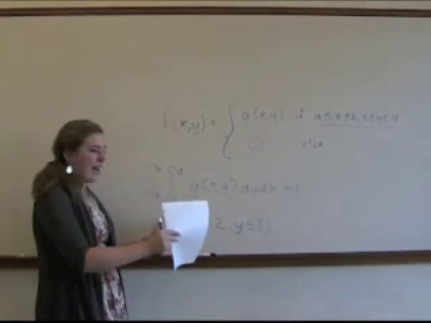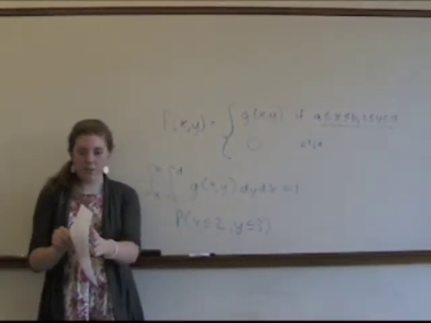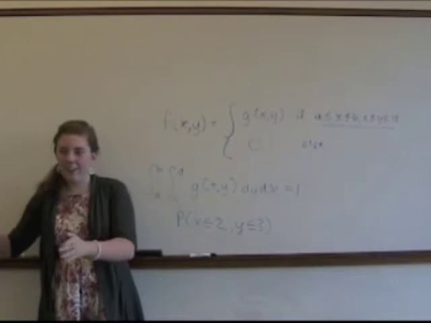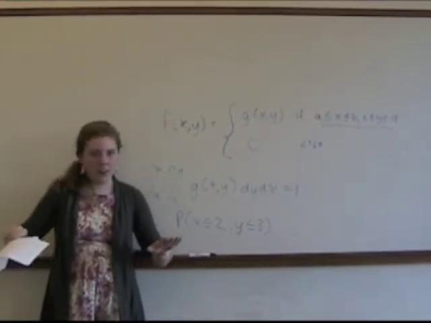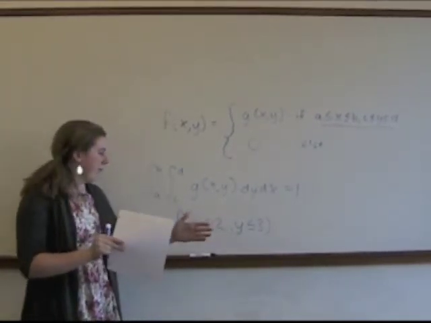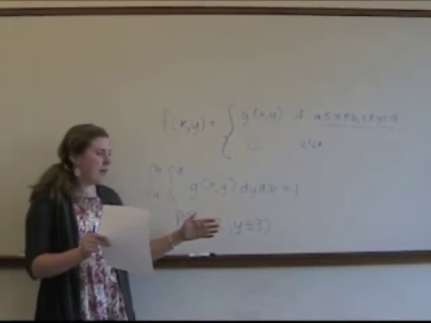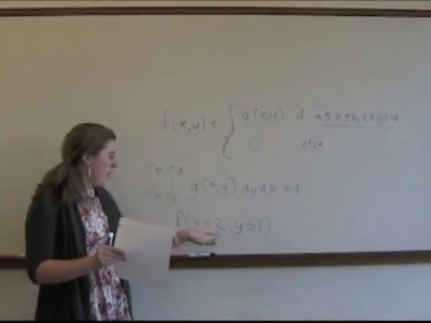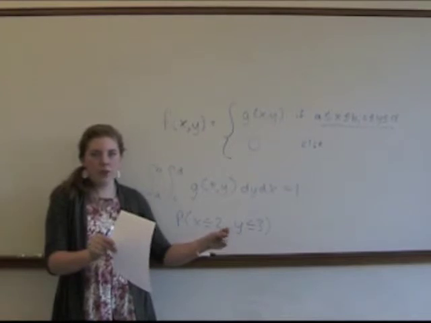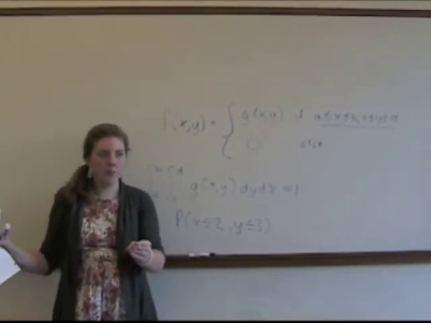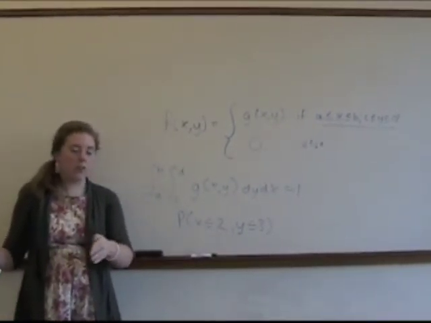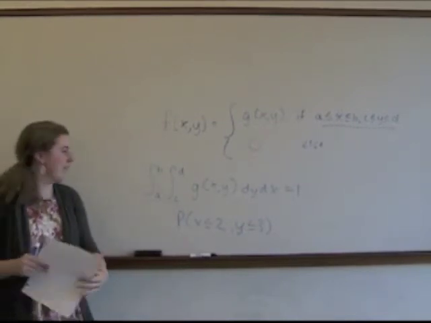So if you have distance x being the first distance for traveling, and distance y being the second distance, and they're not dependent on each other, then we can see what's the probability that we're going to make it through distance 1 in 2 minutes, and then through distance 2 in 3 minutes.